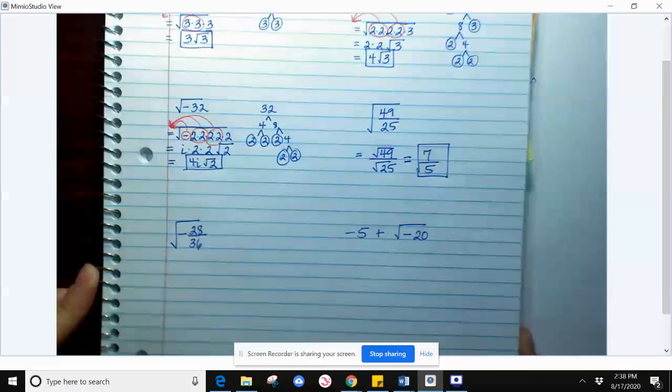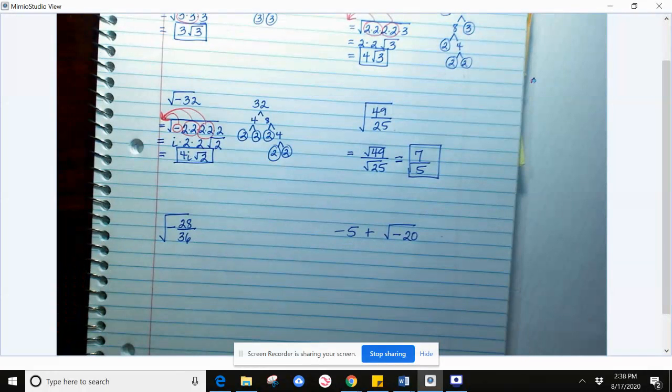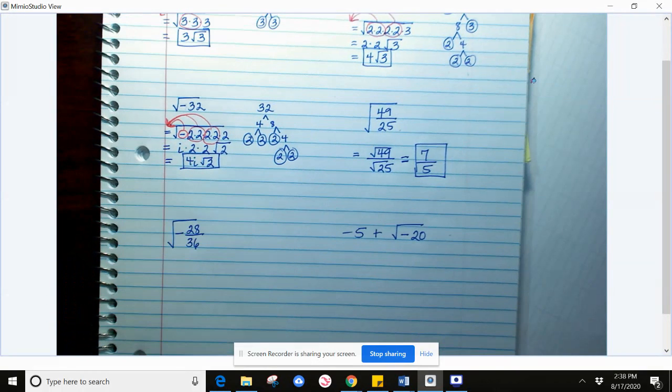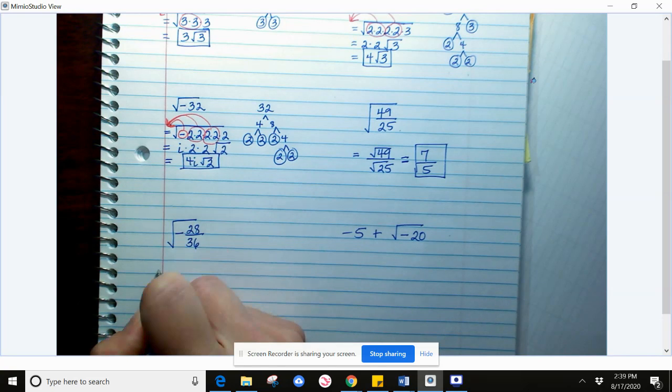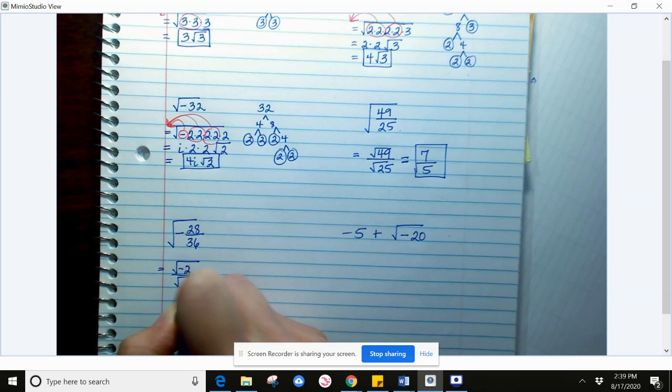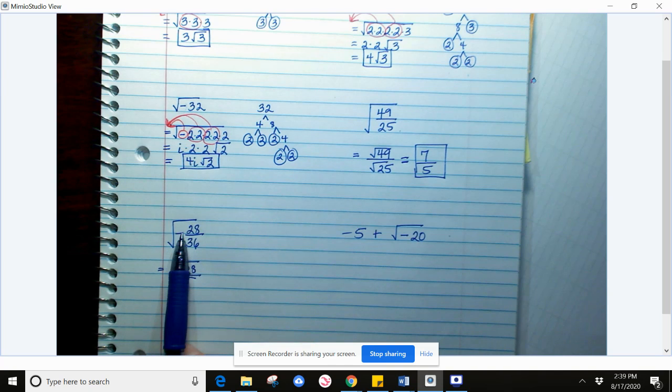All right, so that's when you get lucky, when you just have to square root each side, and then it gets to be a perfect square. This next one we're not so lucky, but it's okay. We're still going to make the best of it. So same process. You want to split this up, square root of the number on the top. And notice how I'm just taking that negative and using it with the 28.